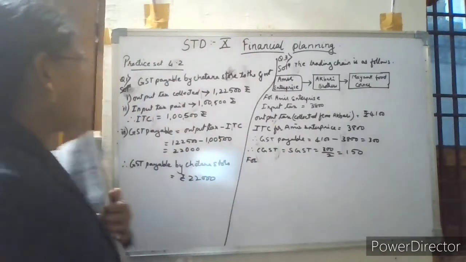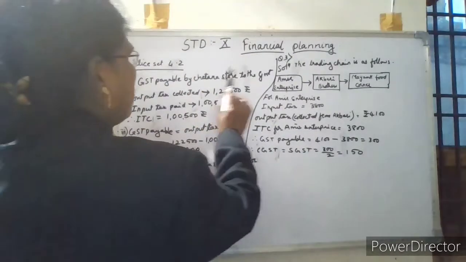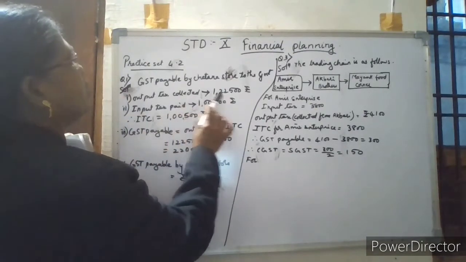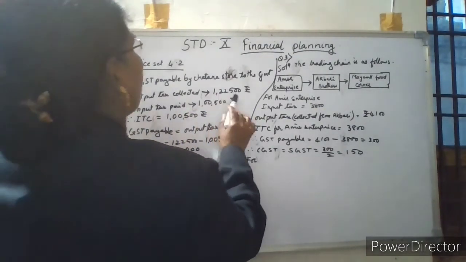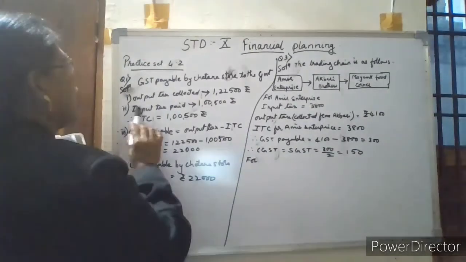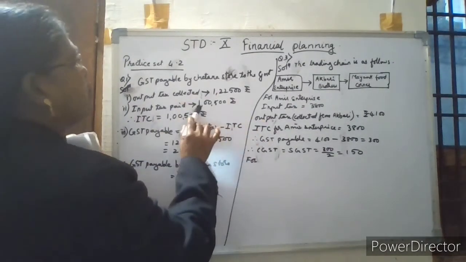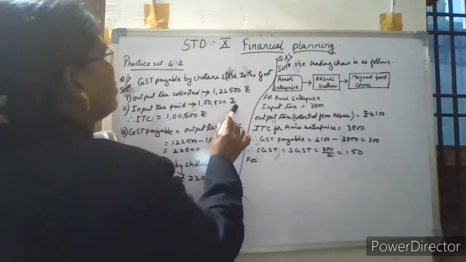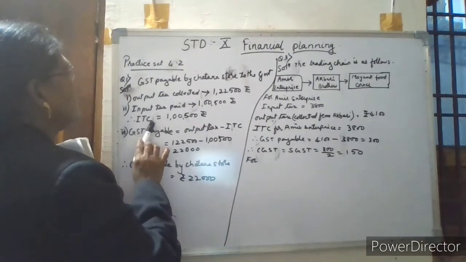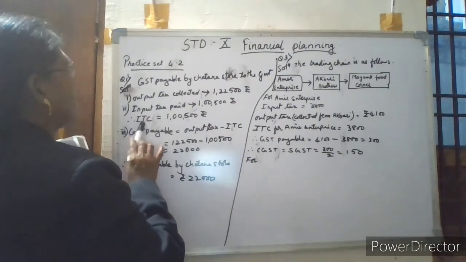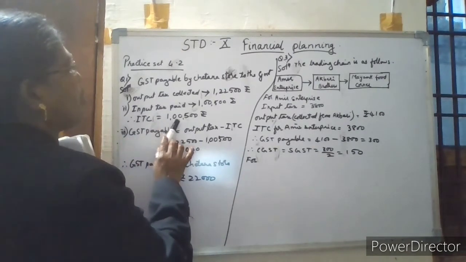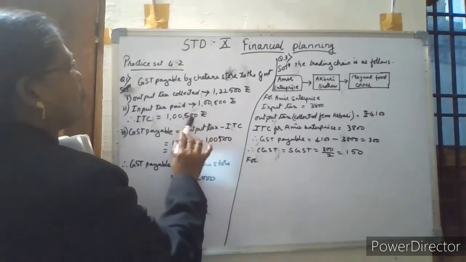So, here, GST payable by Chetna store to the government: he has put output tax collected by him, that is by the sales, is collected 1,22,500 rupees. Input tax which is paid by him, that is 1,05,000 rupees. So ITC, input tax credit, is equal to 1,05,000.